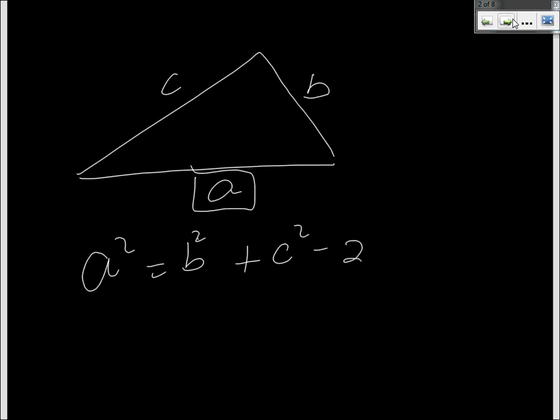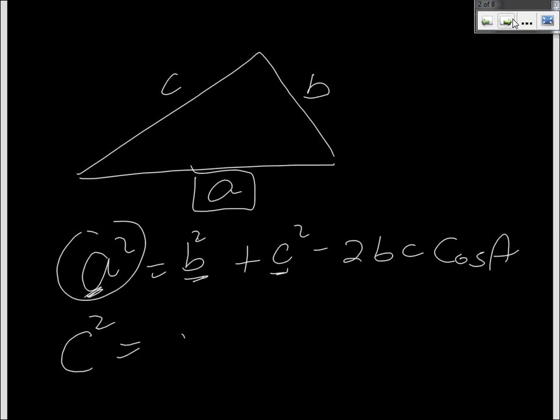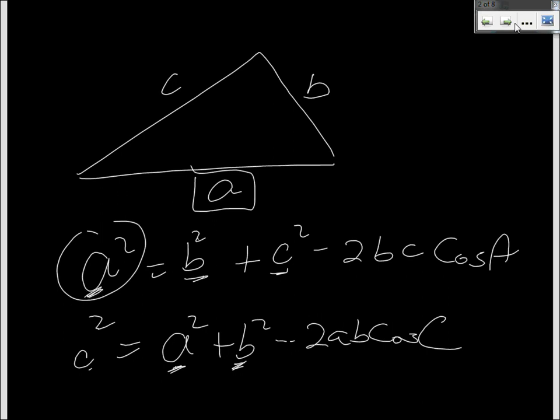And then take away 2 times the other 2 sides' product times the cosine of not little a, but big A. If you wanted to solve for c squared, then you square the other 2 legs and add them up. Then you take away 2 times that product times the cosine of not little c, but big C. After all, little c isn't an angle.